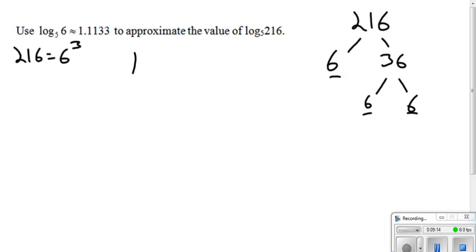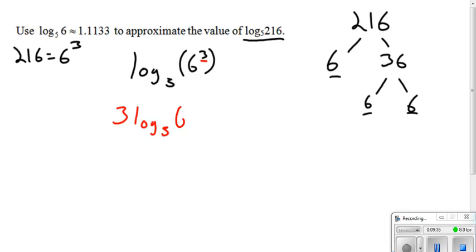So we can say log base 5 of 6 to the third power is the same as log base 5 of 216. So once we're here, we would then say that this is the same as saying move that 3 out to the front, 3 times log base 5 of 6.